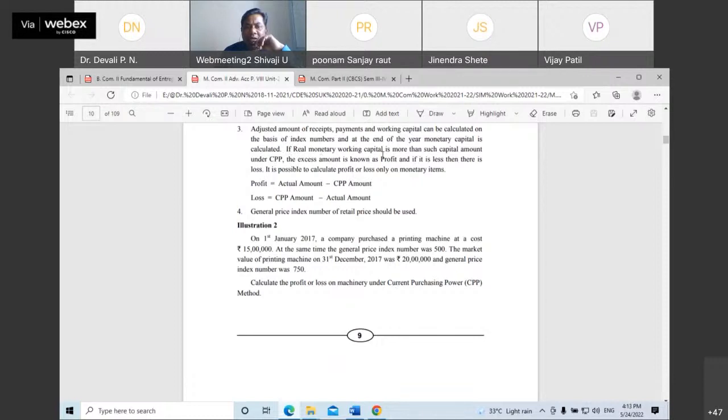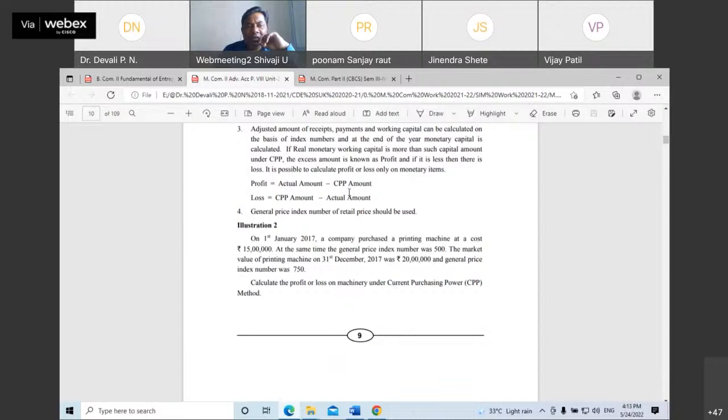In real monetary working capital, so this is one part, more than such capital amount under CPP. Now see here, the excess amount is known as profit. If it is less than that, there is a loss. So how do we get the profit or loss on monetary items? Generally, profit is equal to actual amount minus CPP amount.